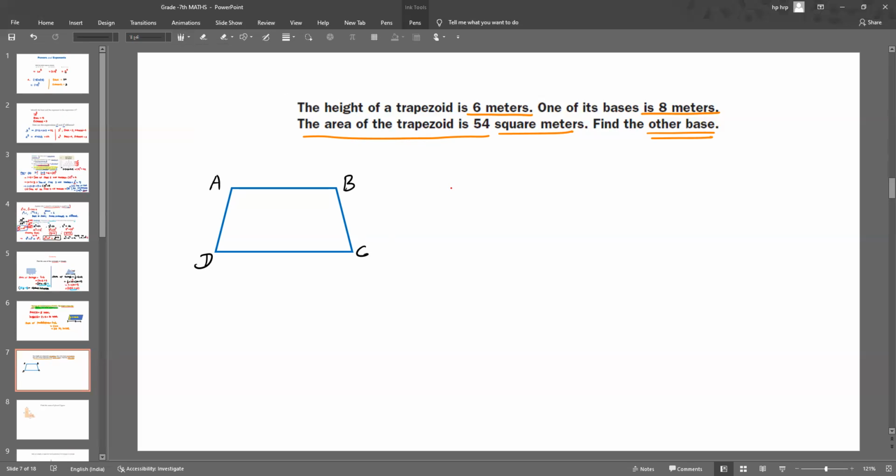Now an interesting property of this trapezoid is what? Can you identify which sides are parallel here in this trapezoid? Sorry, which sides are parallel?